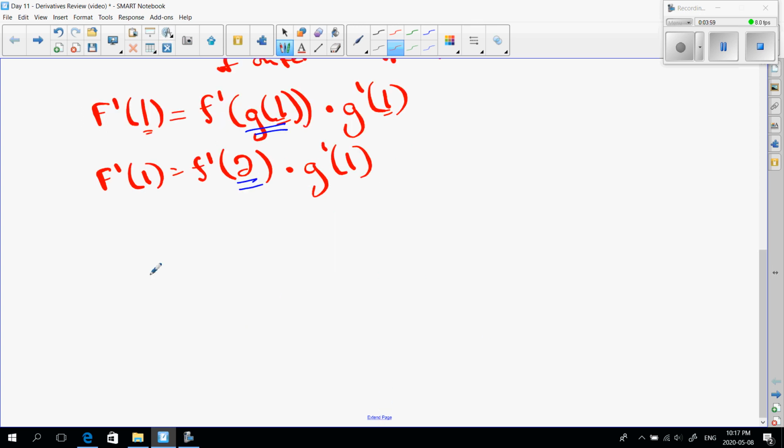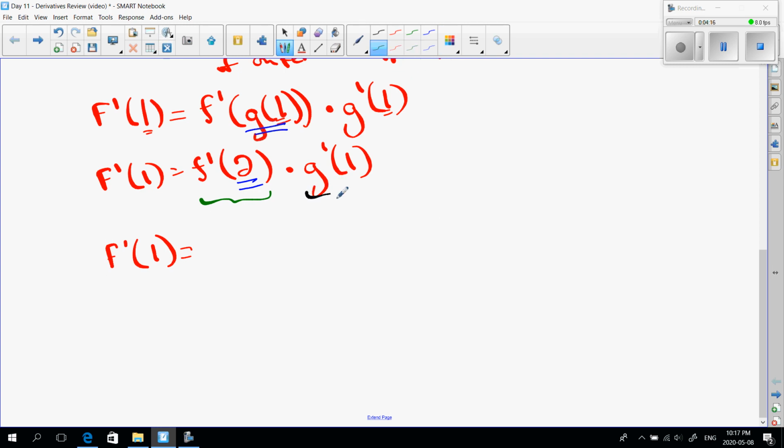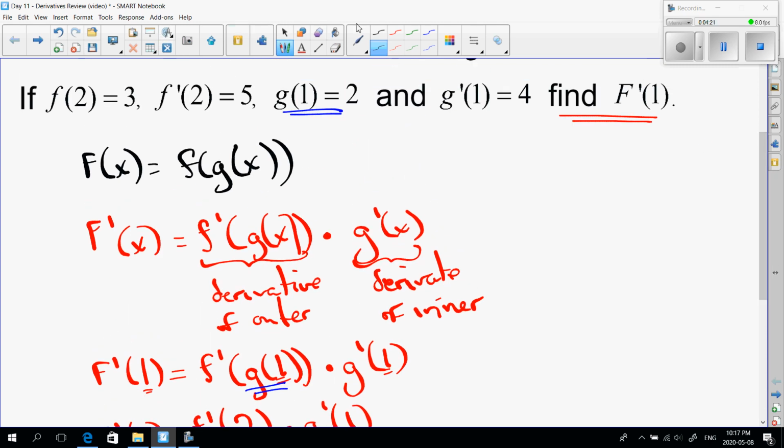And from here, it's just going to be the multiplication of these two things, f prime 2 times g prime 1. So let's figure out what f prime 2 is and what g prime 1 is. If I go back up to the list, f prime 2 is equal to 5, and g prime 1 is equal to 4.